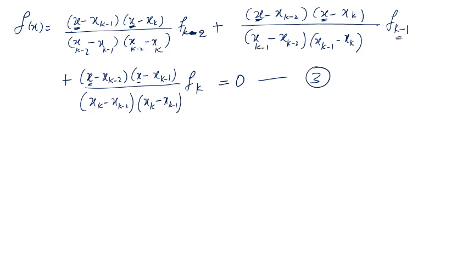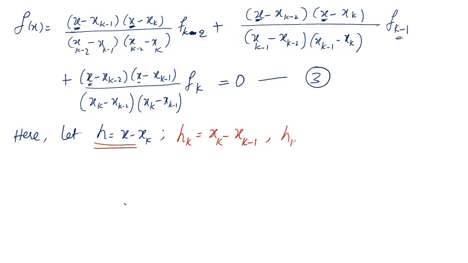Now a more complicated one. Now the assumptions are here, and you have to remember this. Let h = x - x_k, h_k = x_k - x_{k-1}, and h_{k-1} = x_{k-1} - x_{k-2}.